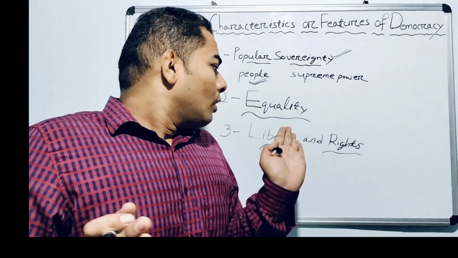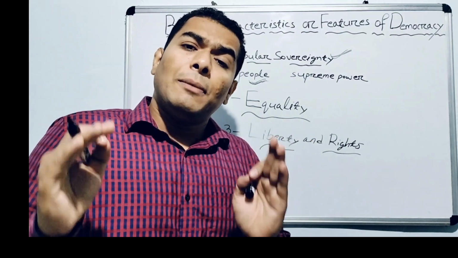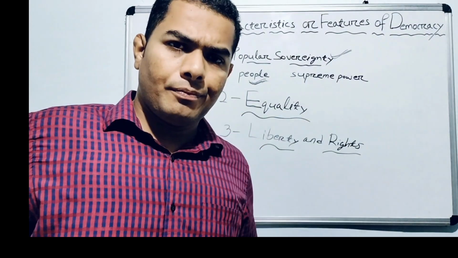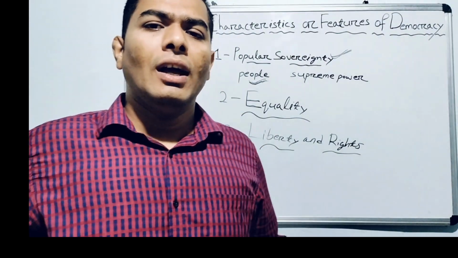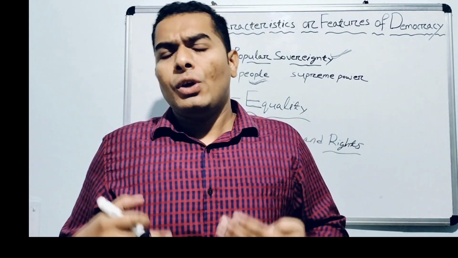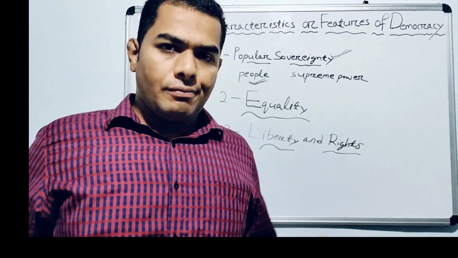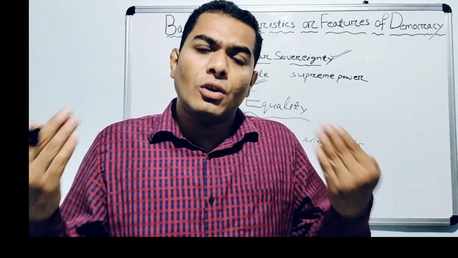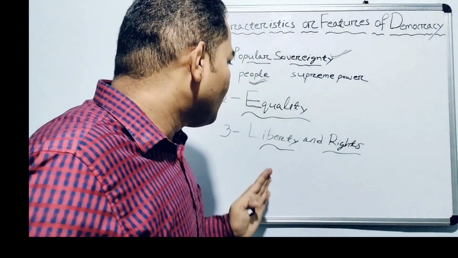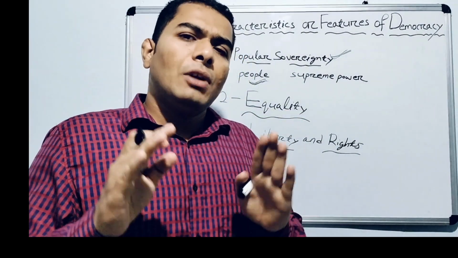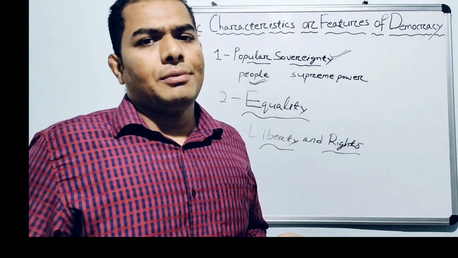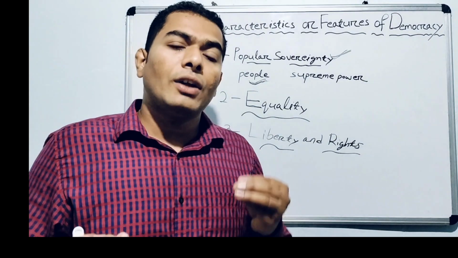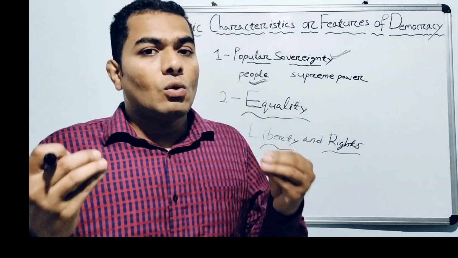Liberty is very much essential for the development of the personality of any individual, because whenever we feel free, we feel safe and secure, and without any fear we develop our personality. We work for the development of ourselves and of our country. Without liberty, a human being cannot live a good life. He feels just like a slave. That's why liberty is very much essential, so that one can live a good life independently.